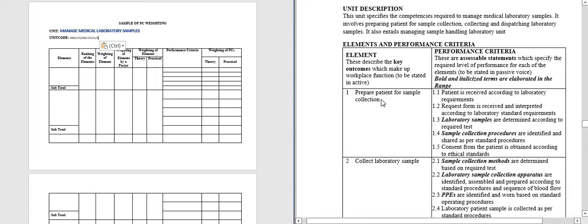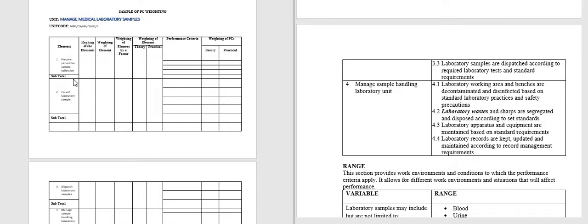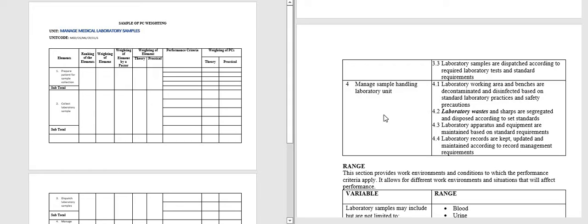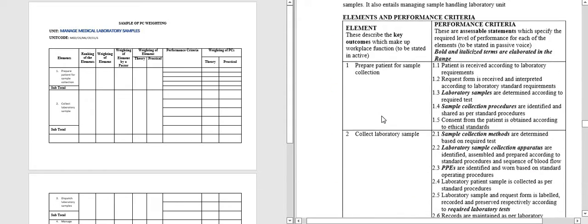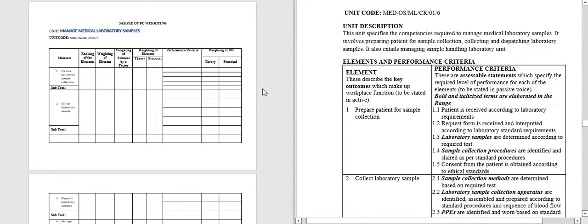So you just copy this first element, you paste it here, second, third, all through. So we can do that. Yes, so we have them here. You can see element 1, prepare patient for sample collection, is here. So the subtotal for element here is 1, and then element 2, collect lab samples.